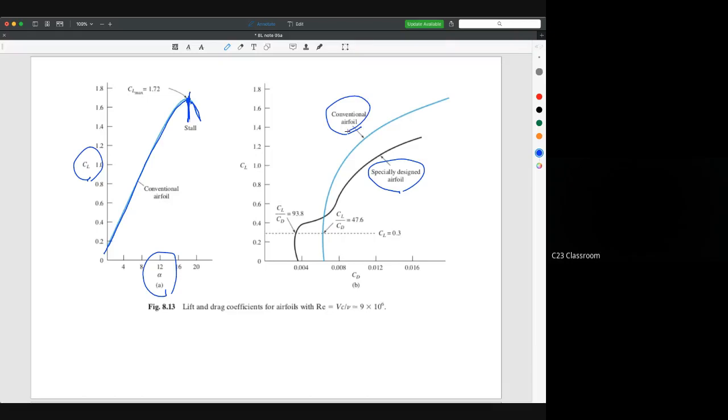Normally for a specially designed airfoil, the CL over CD ratio is bigger compared to the conventional airfoil. It helps your aeroplane to get more lift force with a lower CD.